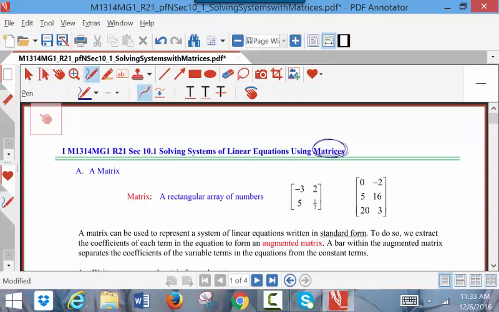So they define matrices by how many rows and how many columns they have. And so if you look at this first matrix, we have 1, 2 rows, and we have 1, 2 columns. So 2 rows by 2 columns makes this a 2 by 2 matrix.